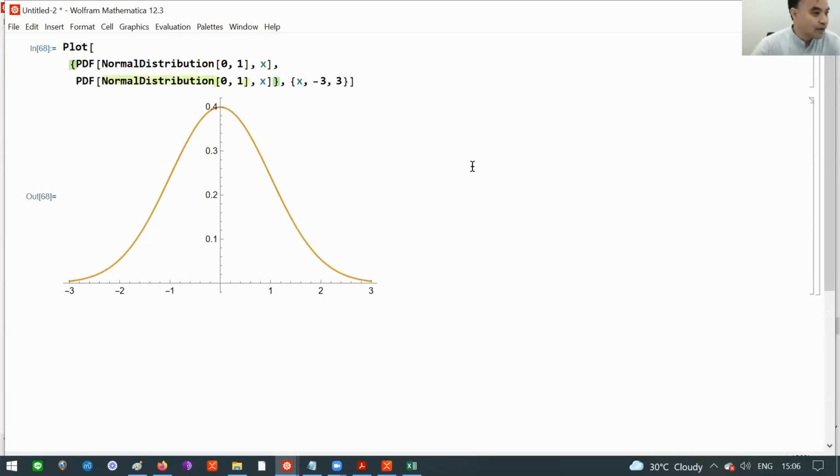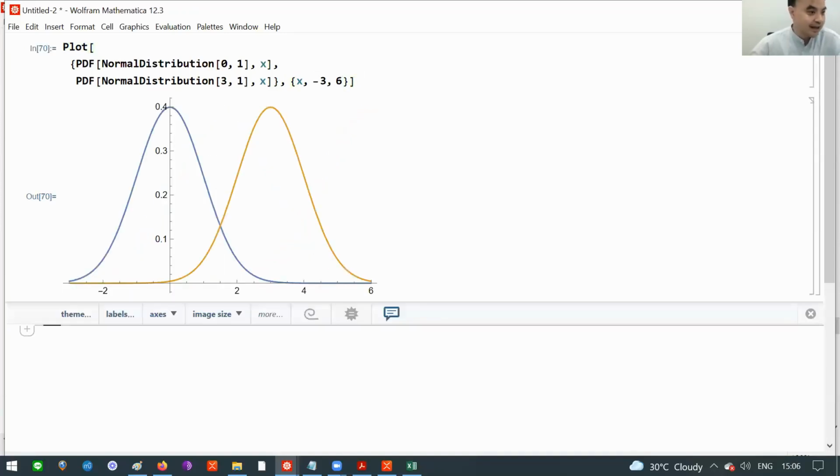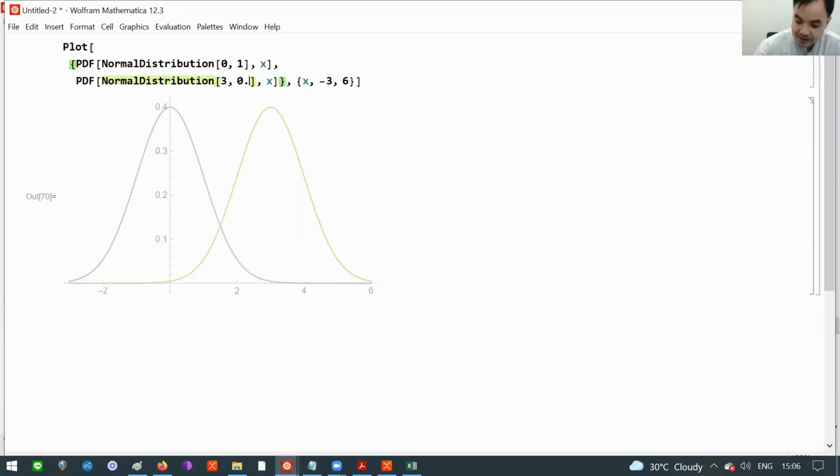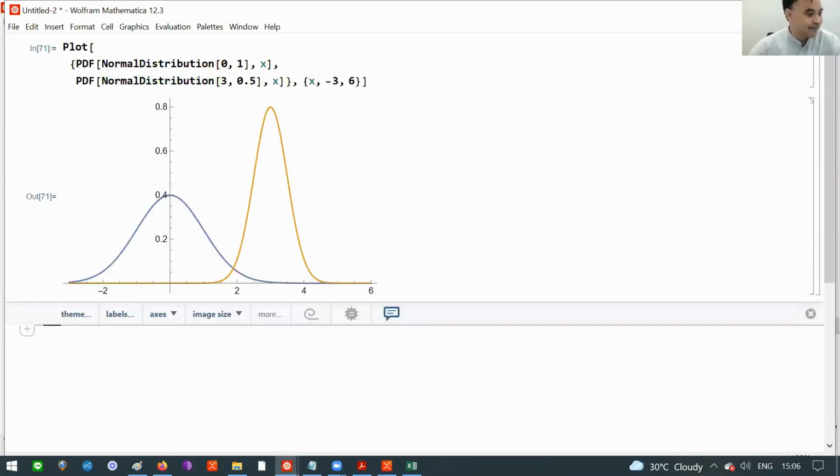What if I shift this to the right? Let's say by 3. Right, so now there are two distributions. Let's adjust a little bit so it doesn't look the same.